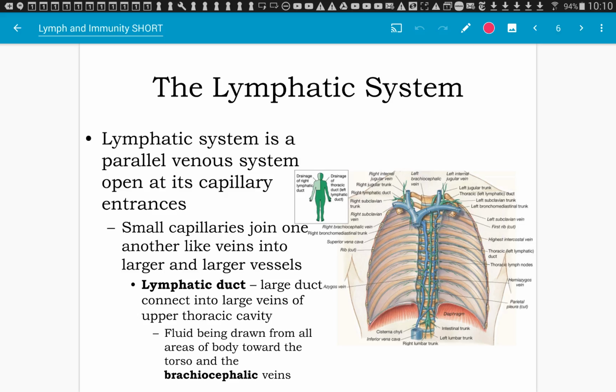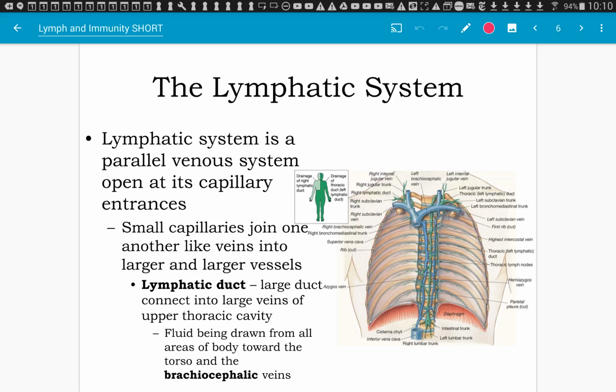Very similar to veins and arteries, the lymphatic vessels also follow the same routes. A lot of arteries and veins are paired together, as we've talked about. Well, the lymphatic vessels do as well. Good luck trying to identify one of those.